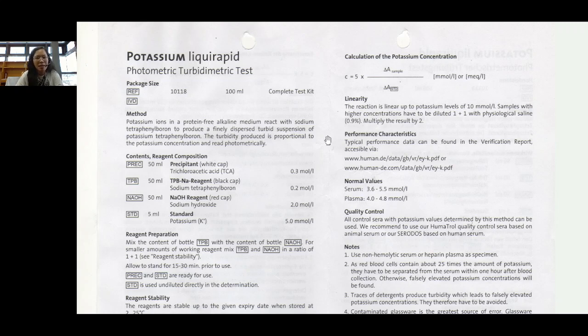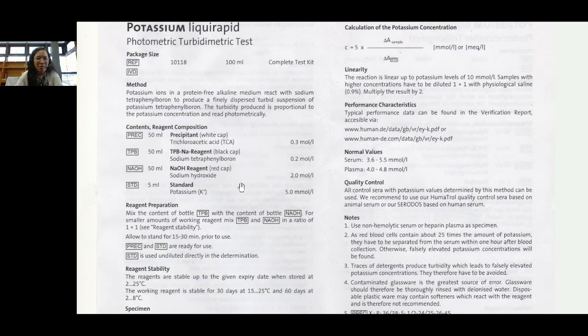So bali, as seen here in your calculation, all you need is your sample and standard na values sa absorbance, and then either millimoles per liter or milliequivalents per liter, kids, same multiplication factor, that is 5. So na-emphasize din po dito yung normal values nyo. For serum, that is 3.6 to 5.5. For plasma, that is 4 to 4.8.